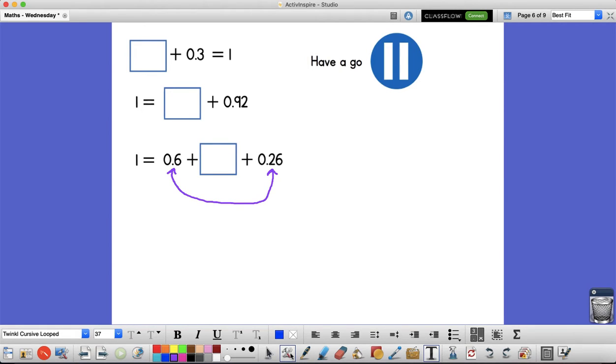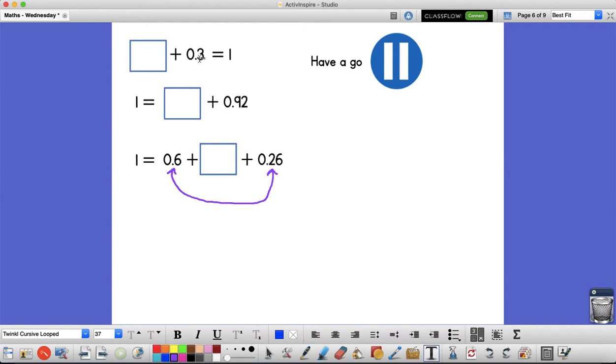Okay, so hopefully we've had a go now at those questions. Let's get our first one. We've got 0.3. If I want to get to 1 whole from 0.3, I've got to count upwards to 1.